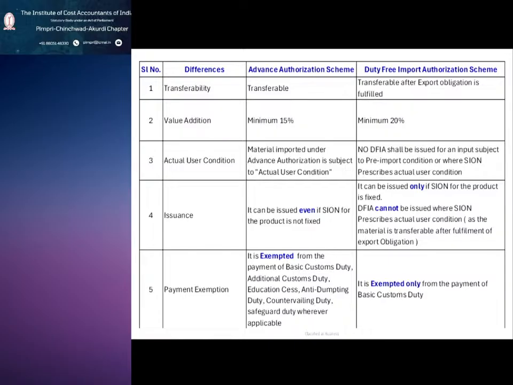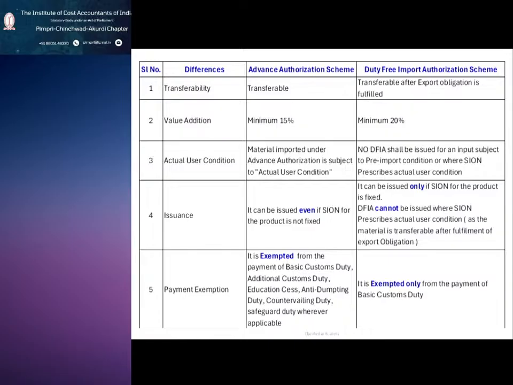So advance authorization is subject to actual user condition. That is the main point. In case of DFIA, duty free import authorization, no DFIA is issued for an input subject to pre-import condition or where SION prescribes actual user condition.